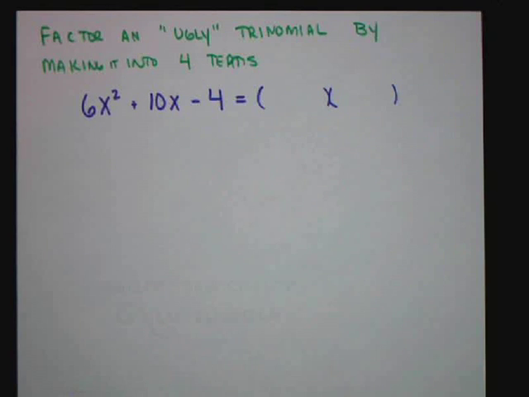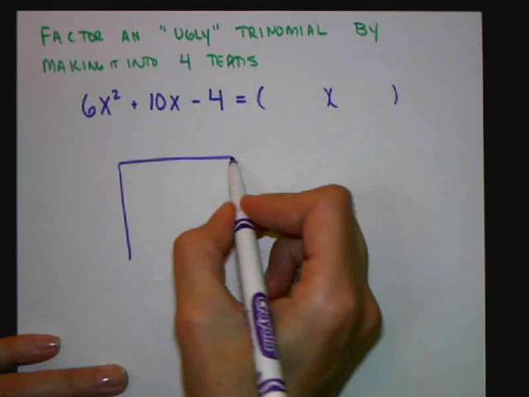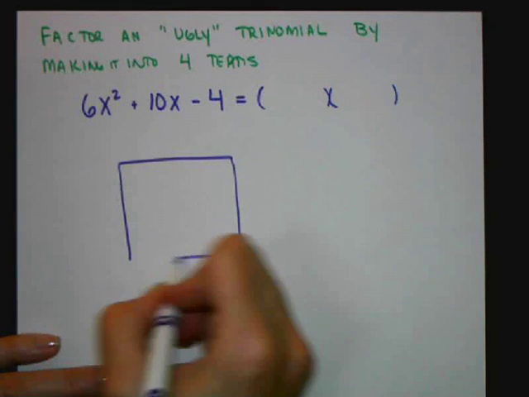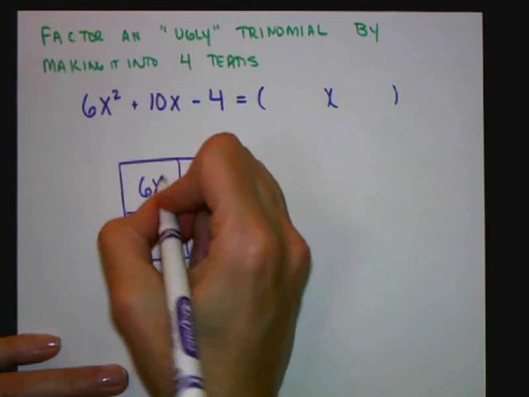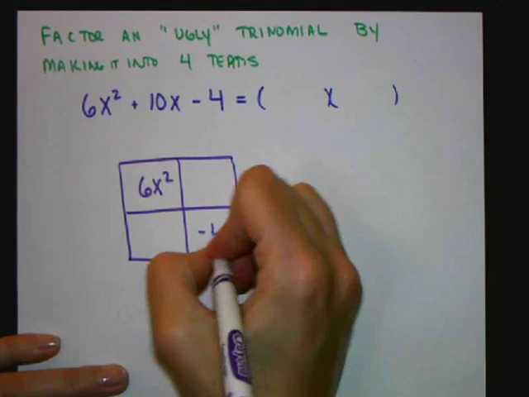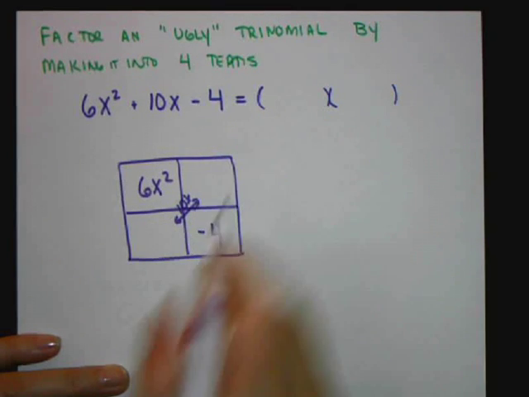I did happen to notice that, but let's say that I didn't notice that right off the top. Let's see what I could do if I didn't happen to notice there was a common factor there. So I'm going to make my box, and I know that the 6x squared term goes here, and the minus 4 term goes here. And these two terms together have to add up to 10x.